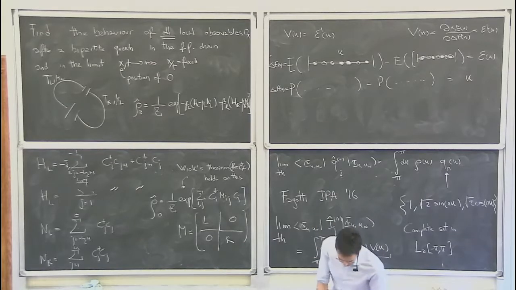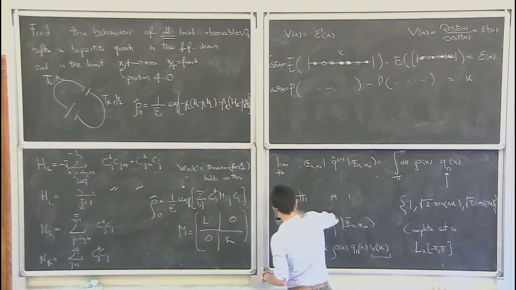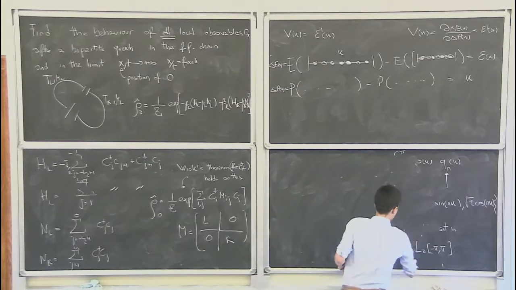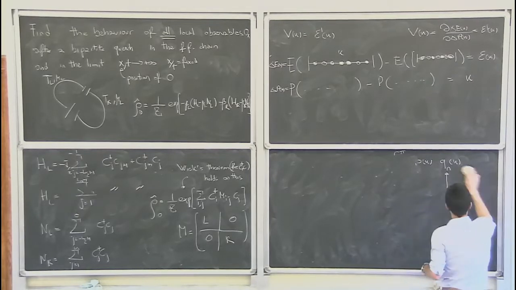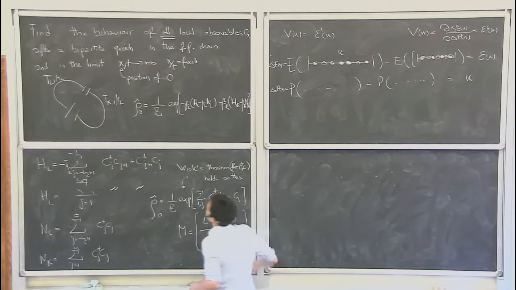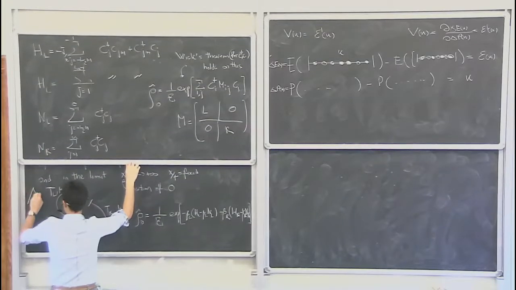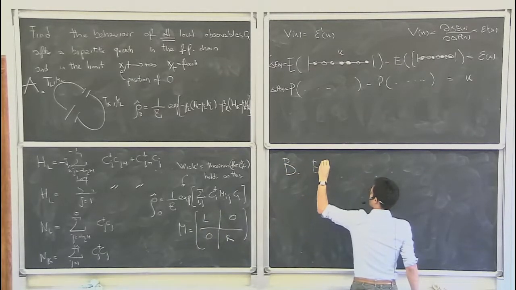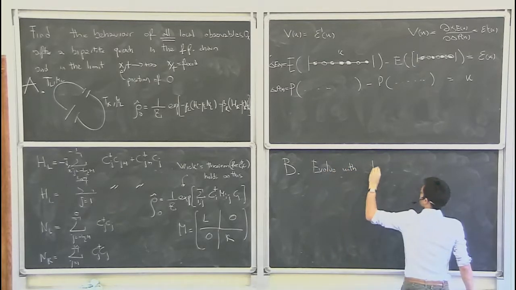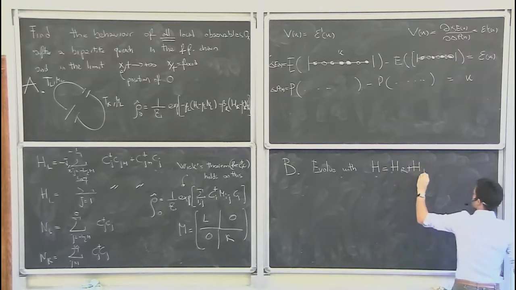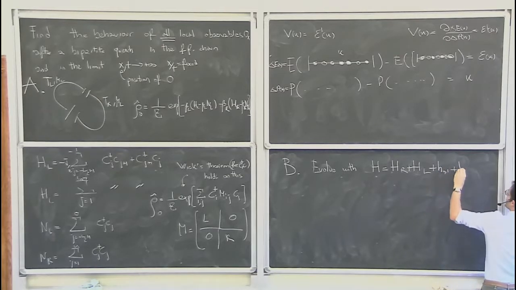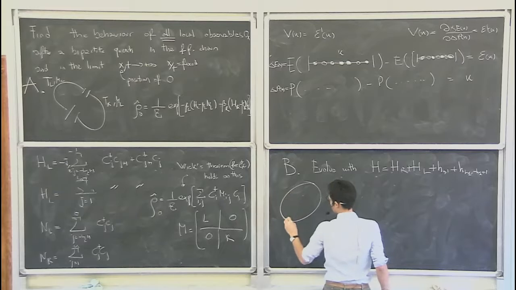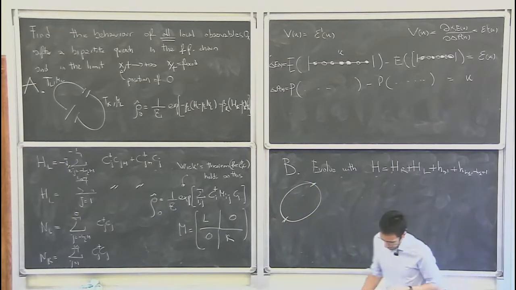Now, the second step instead is to evolve with, okay, so let's call this step A. Now our step B, evolve with H, that is H right plus H left plus the coupling term, for sites from minus L over 2 plus 1 to L over 2, which just corresponds to this picture. Okay? Good.